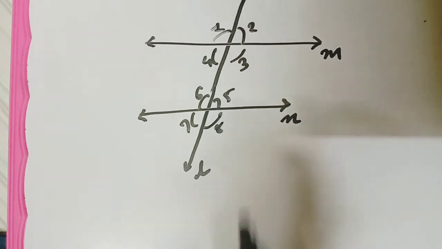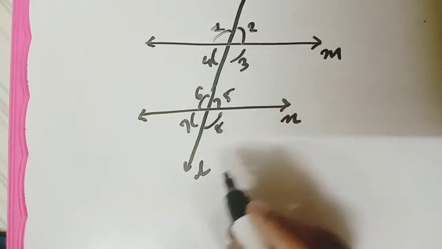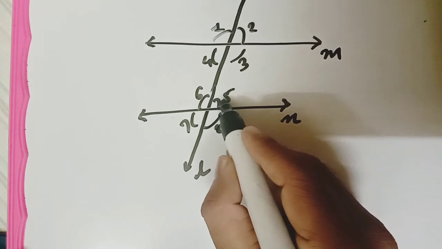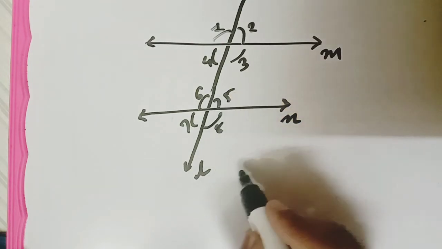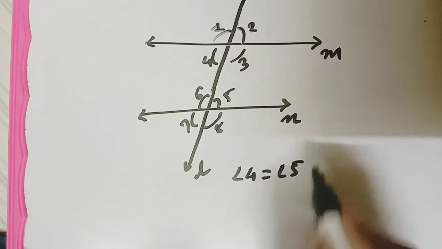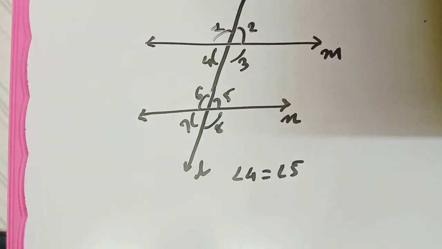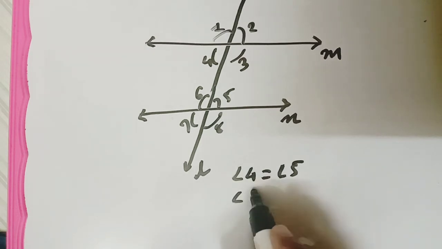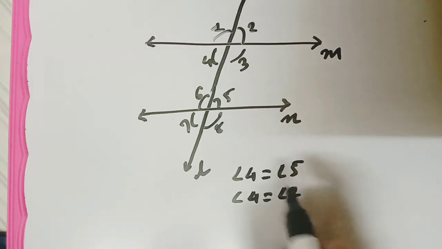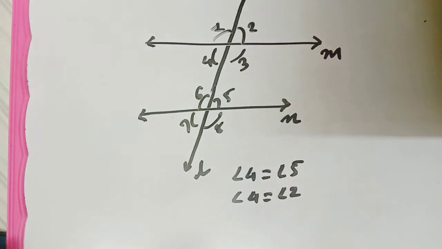So let me see here. Let angle 4 and angle 5 be alternate angles, and so they are equal. We take angle 4 equals angle 5. Also angle 4 equals angle 2, because they are vertically opposite angles.